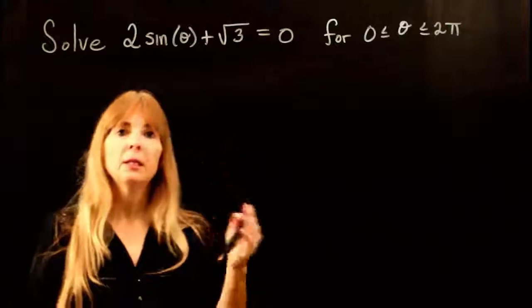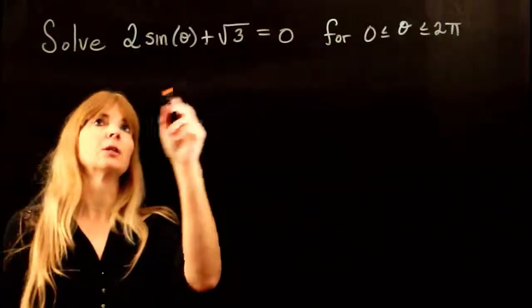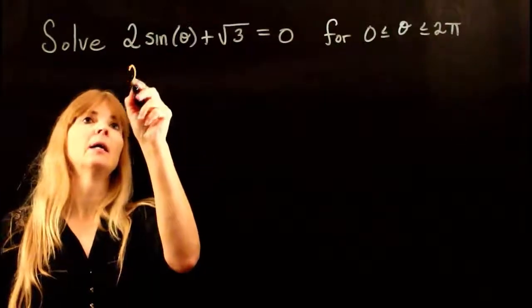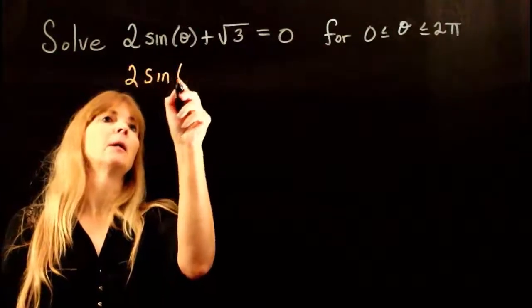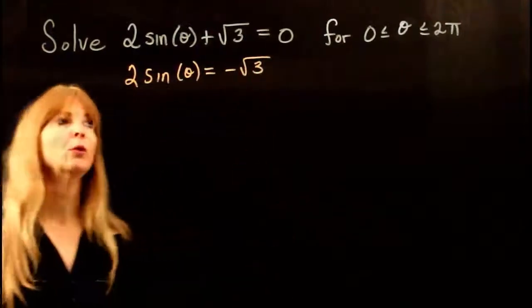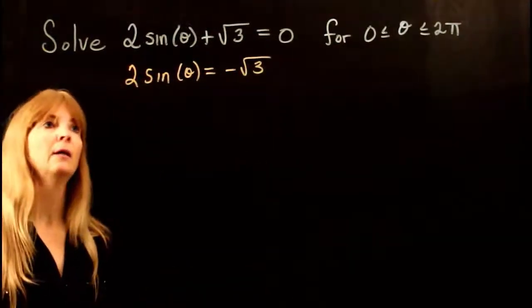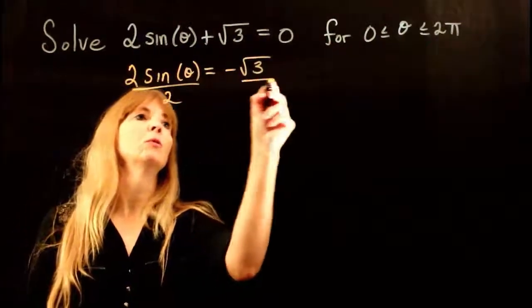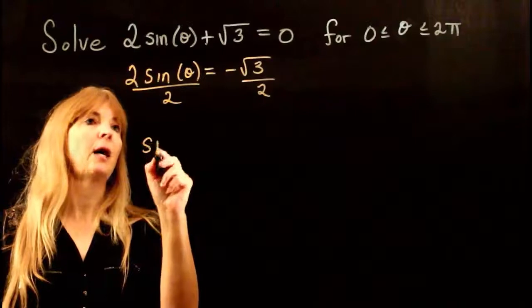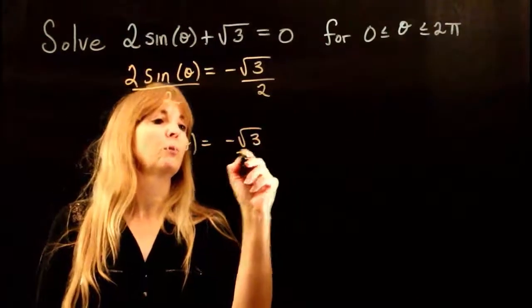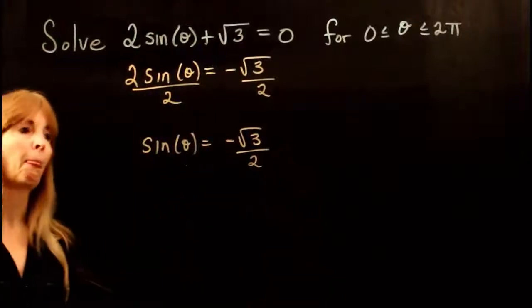So as we did in the very end of the last section, to solve this, I simply want to isolate sine. So the first thing I'm going to do is move the square root of 3 to the other side. Then I will divide by 2. So I get sine theta equals the negative square root of 3 over 2.